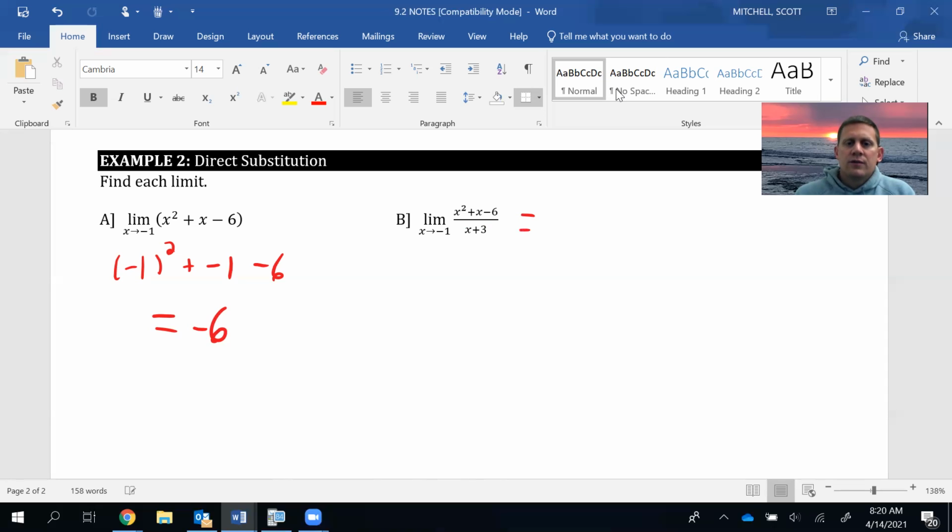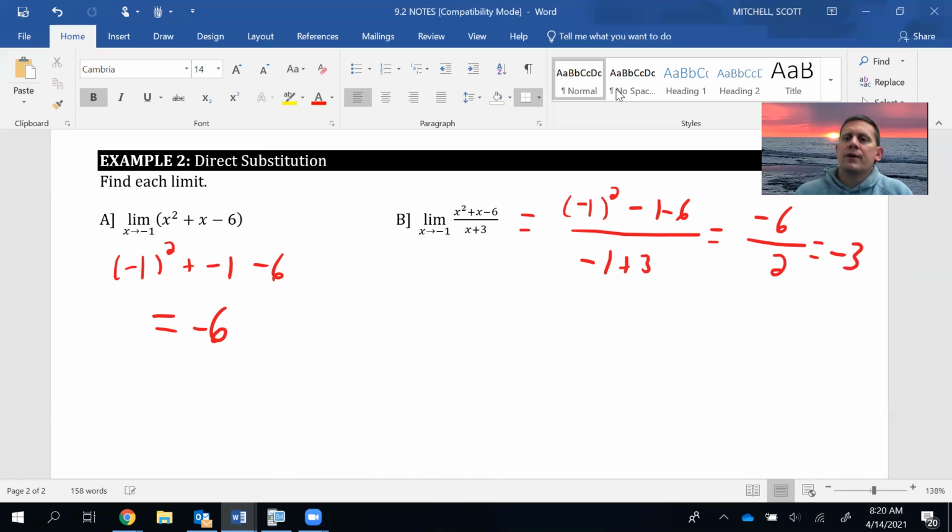And then over here, take the limit of this as x approaches -1. So that's -1 squared minus 1 minus 6 on the top, and then you have -1 plus 3 on the bottom. Well, the top is the same thing as it was over here, so it's going to be -6. And on the bottom, you get +2. You divide them out, you get -3.